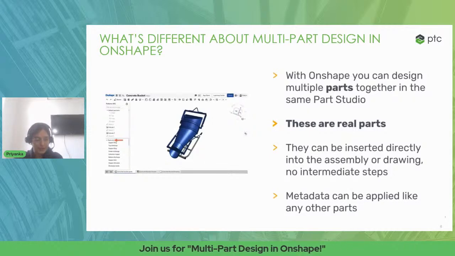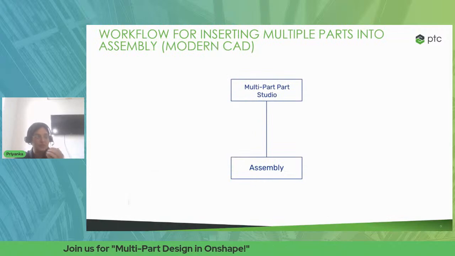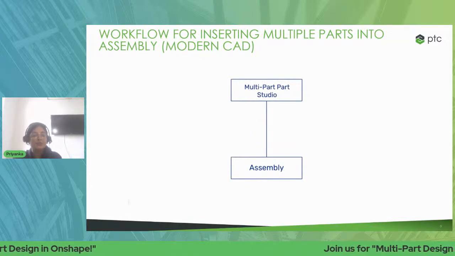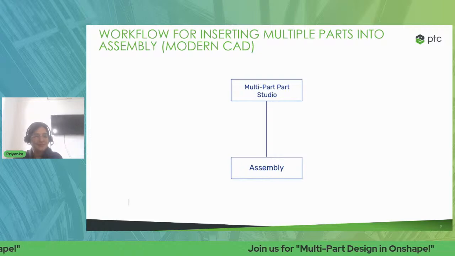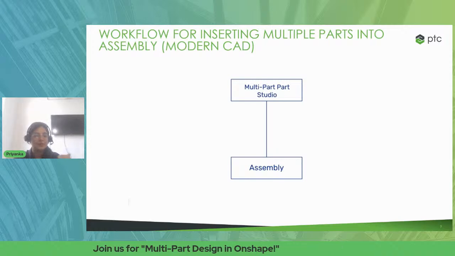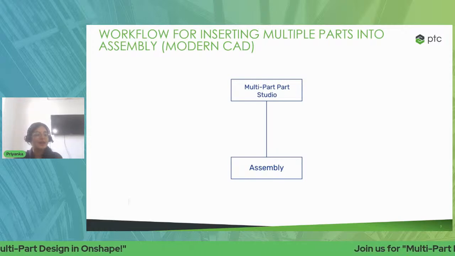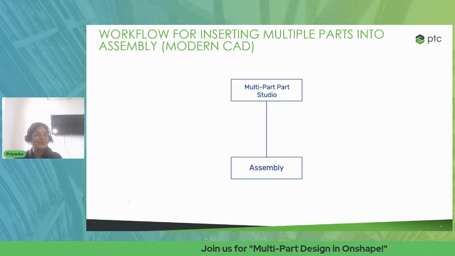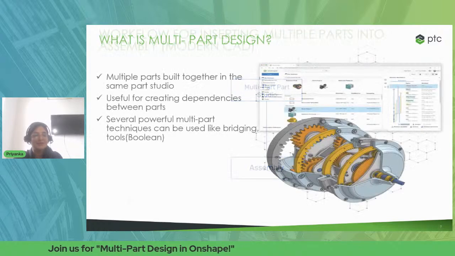To reiterate this, I will show you this workflow, which is quite interesting. It's quite simple. Working in a part studio, and I want to insert all the parts into the assembly, I'm just doing it directly. All the changes that are happening, I can do within the multi-part studio. So less noise in the system and pretty simple with Onshape.